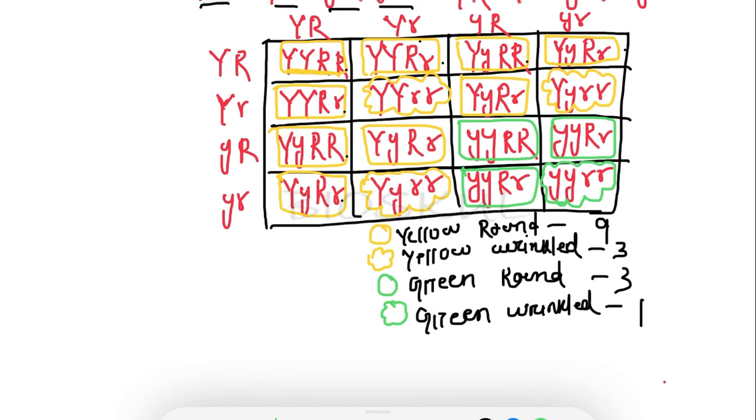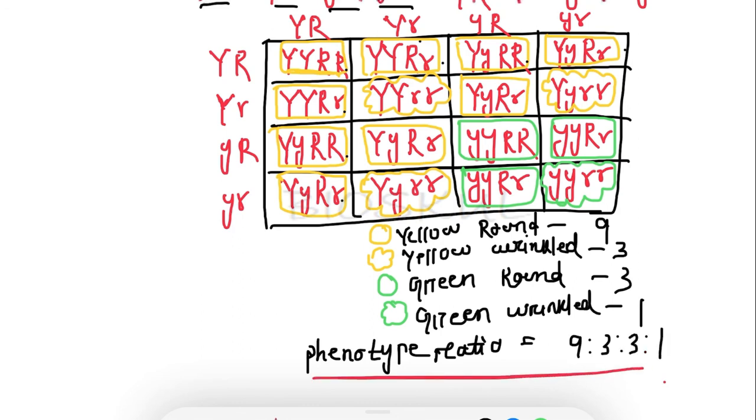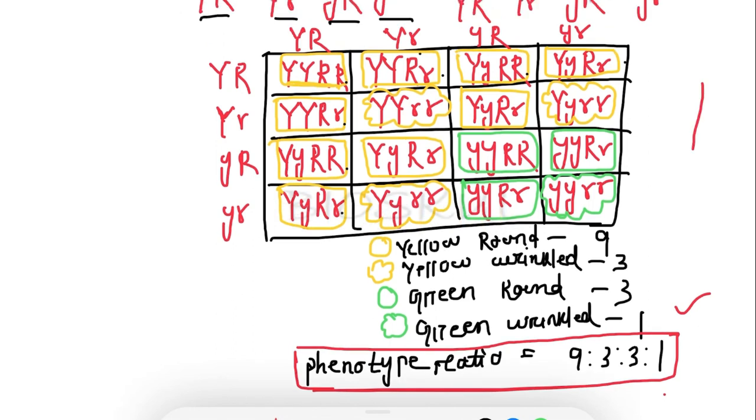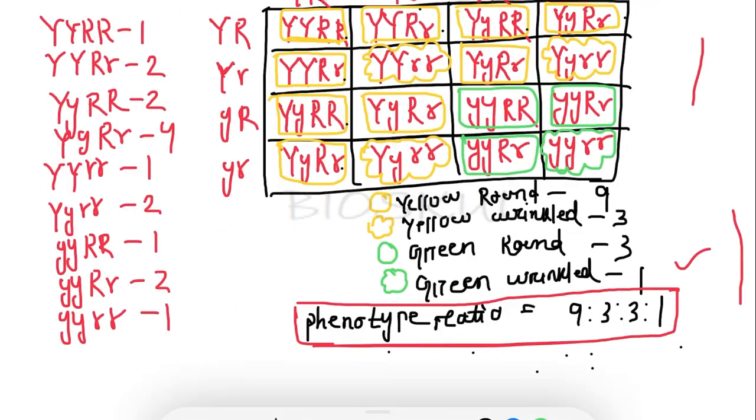So in the dihybrid cross, what is the phenotypic ratio? It is 9:3:3:1. In a monohybrid cross, the phenotypic ratio is 3:1, but here the phenotypic ratio is 9:3:3:1. Now the genotypic ratio.